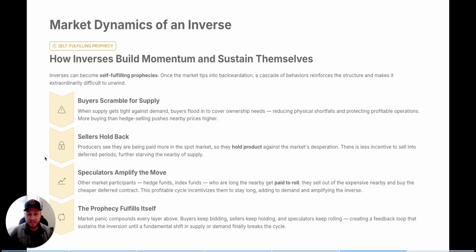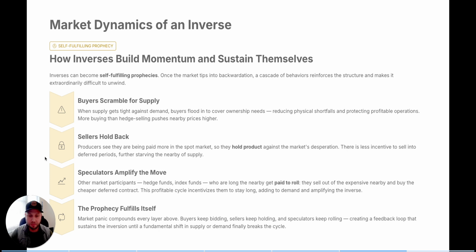The other side is the prophecy fulfills itself. What happens is the market panics. When you think about buyers and operations that are using your grains and oil seeds, they have very expensive operations that they can't afford to not be running at any time. So they do not want to come up short on their raw inputs. So the buyers will keep bidding, sellers can keep holding, and the speculators just keep rolling.